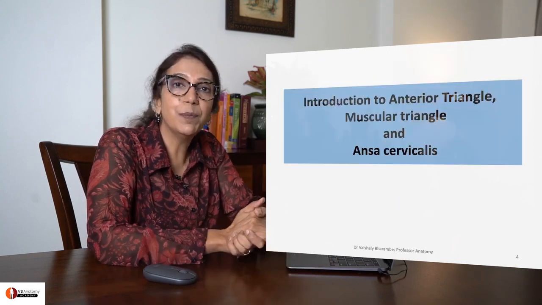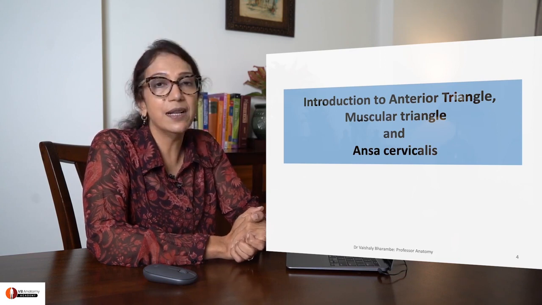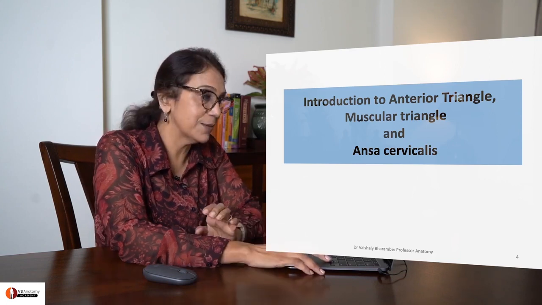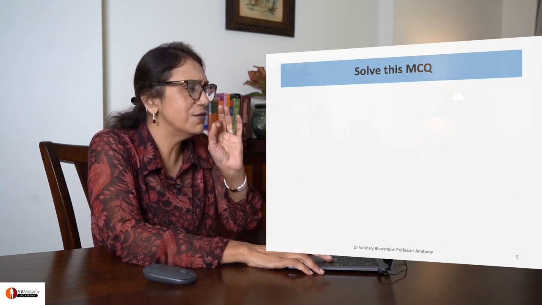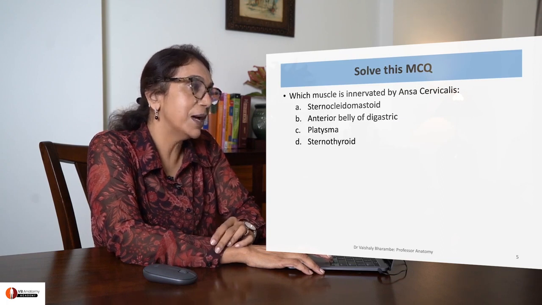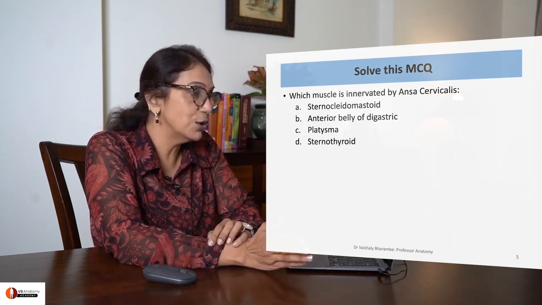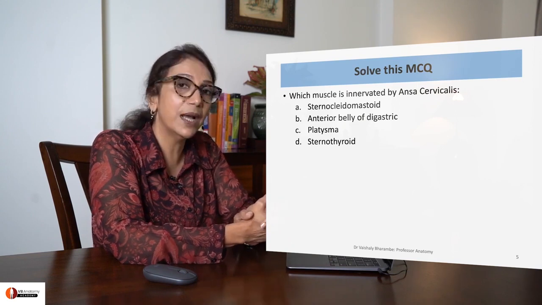Let's now begin the topic of an introduction to anterior triangle, muscular triangle and Ansa Cervicalis. Right. Before that, let's see if we can solve this very simple MCQ. Which muscle is innervated by Ansa Cervicalis? Sternocleidomastoid, anterior belly of digastric, platysma and sternothyroid.